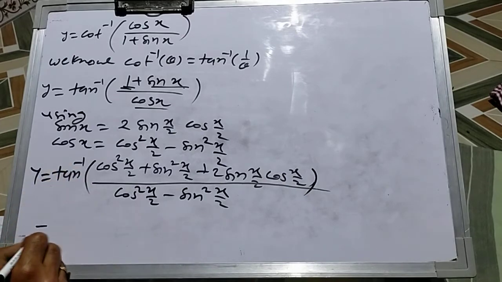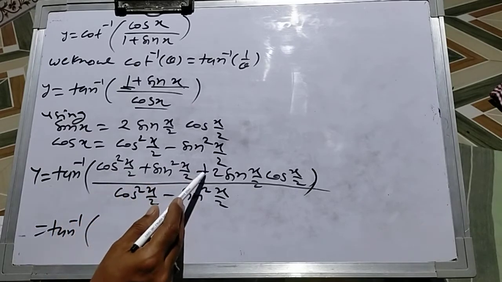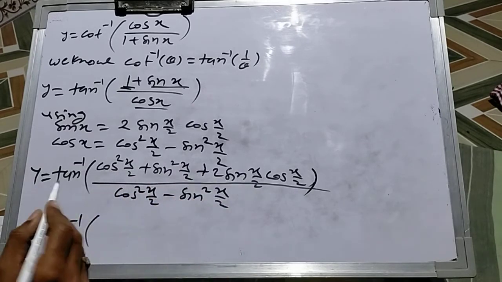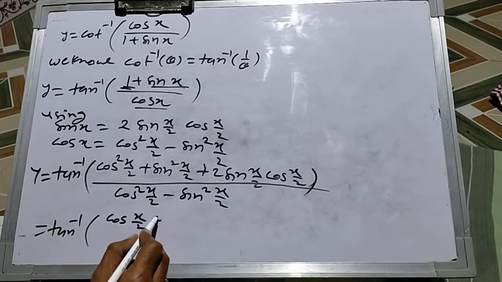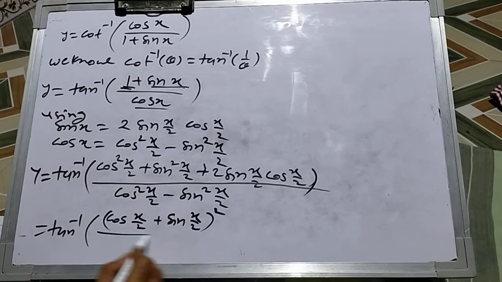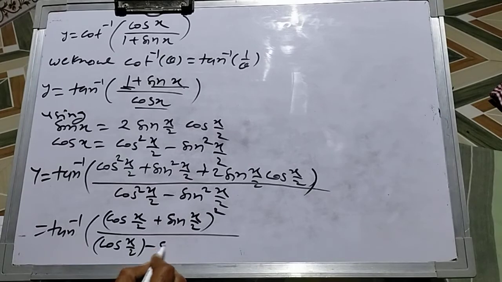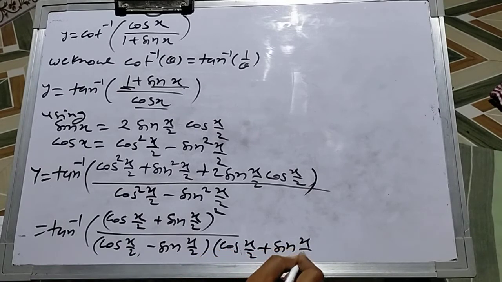So this is equals to tan inverse of, so here a square plus b square plus twice ab can be written as a plus b whole square. It means this can be written as cos x by 2 plus sine x by 2 square, divided by a square minus b square, a minus b, a plus b. This term is cos x by 2 minus sine x by 2 into cos x by 2 plus sine x by 2.